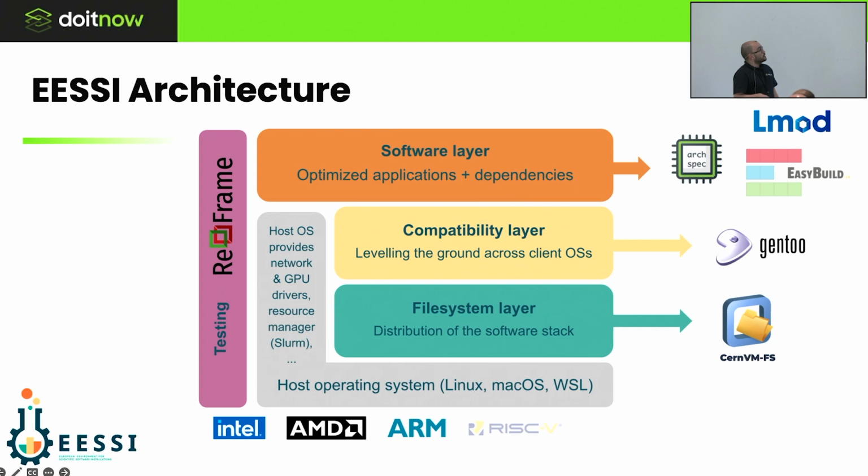On top of it, we have the software layer, which is the optimized applications and their dependencies. We use EasyBuild, Archspec, and Lmod to provide the environment, and all this environment is tested using the ReFrame framework. In such a way, when you try it on your laptop, it will select the proper architecture of your CPU, and you get the best performance you can achieve in an easy way.